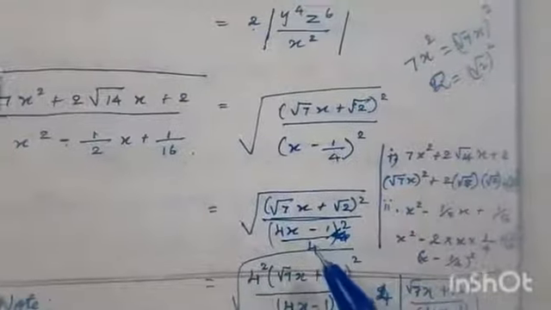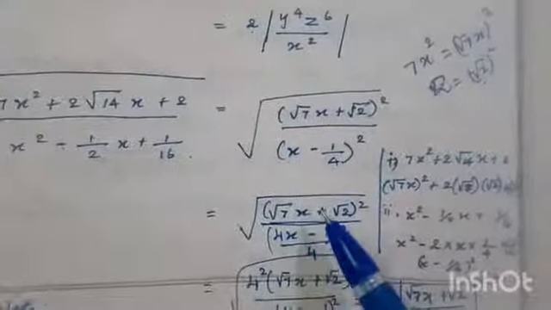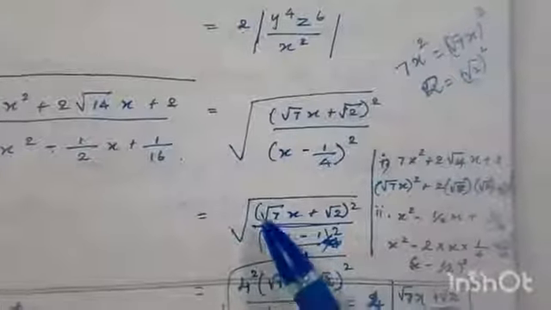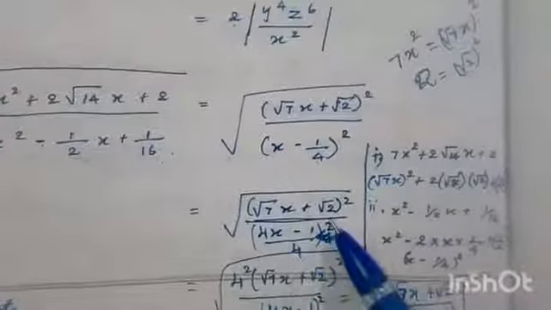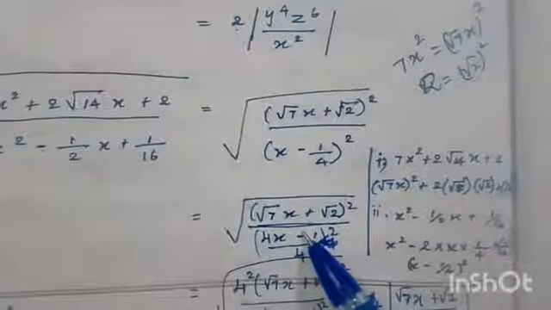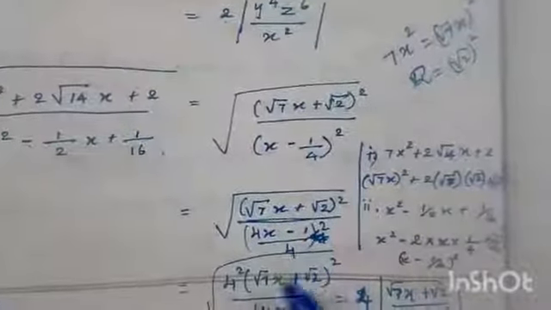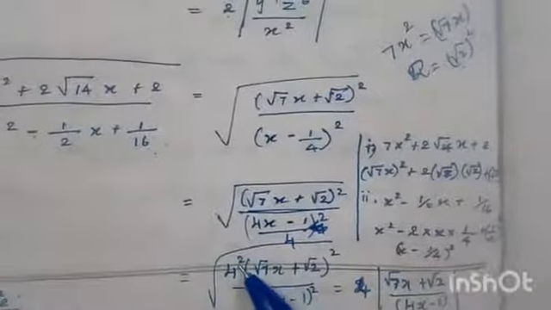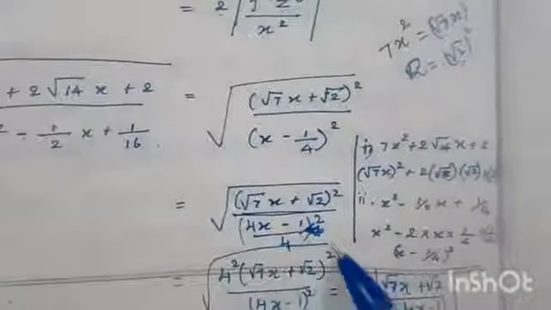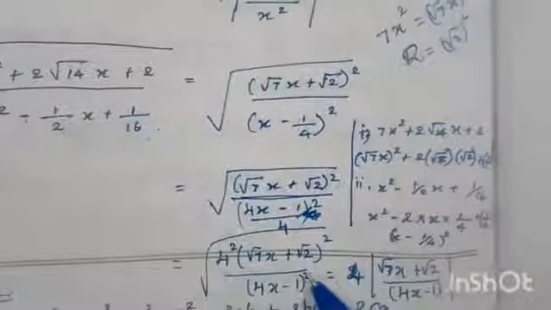So the denominator number moves to the numerator. This square is common for the numerator term and the denominator term, so this moves to 4 square in the numerator. So that is root 7x plus root 2 whole square by 4x minus 1 whole square.